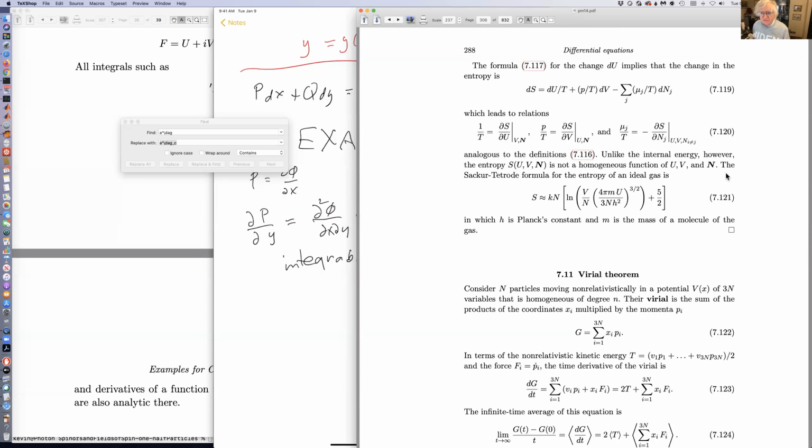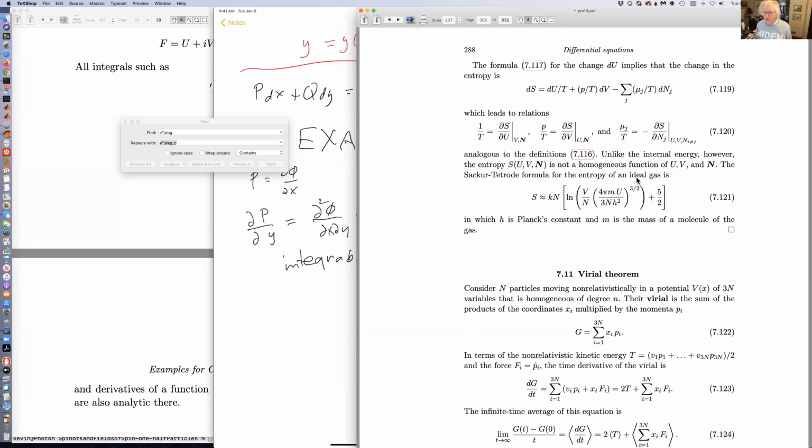In fact, one could multiply u, v, and n by t and see what happens. Little t, not the temperature. What you'd get would not be t to the n times the entropy.